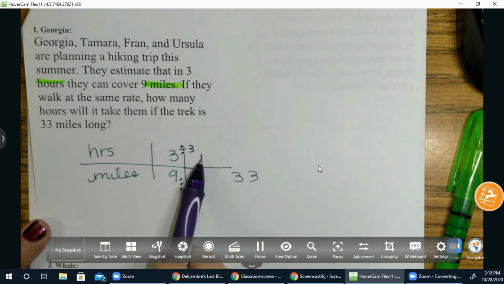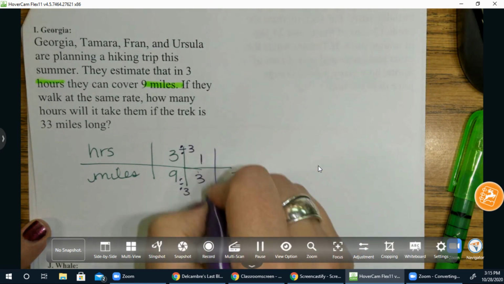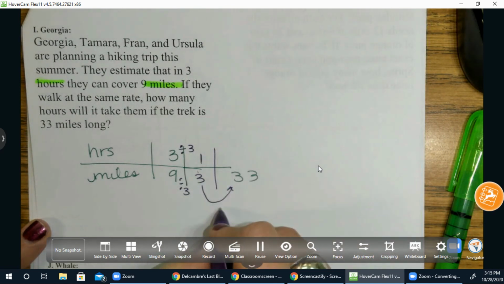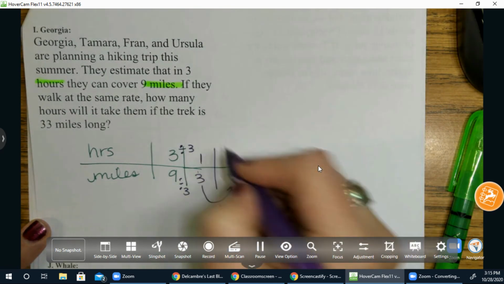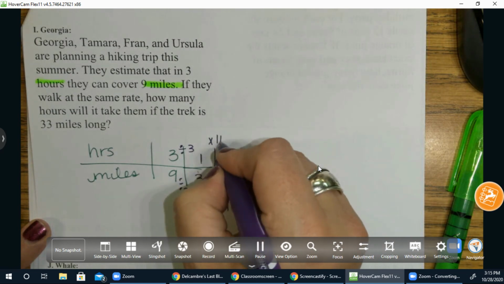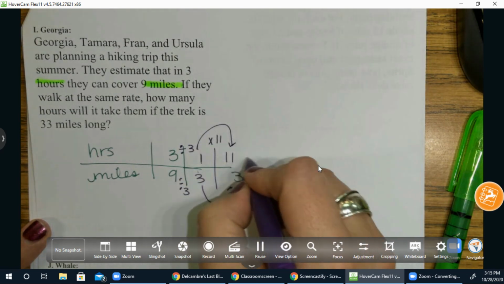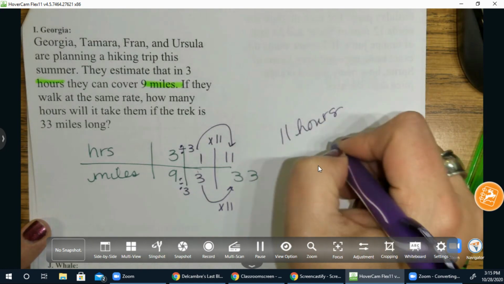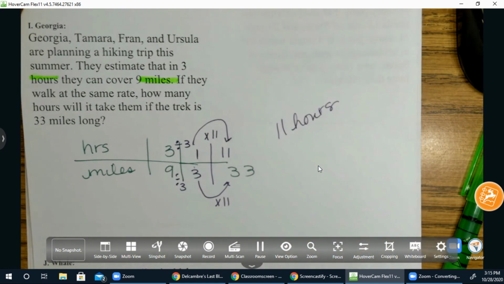So in 1 hour, they can travel 3 miles. All right, then I've got to think to myself, well, what times 3 gives me 33? Well, that's times 11. So I multiply by 11 at the bottom, I multiply by 11 at the top. So it would take them 11 hours to travel 33 miles.